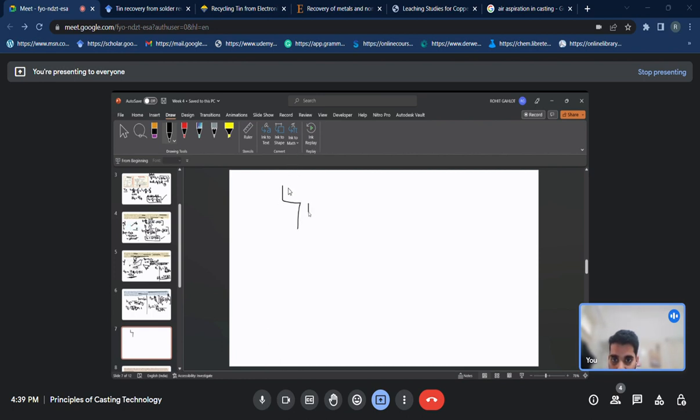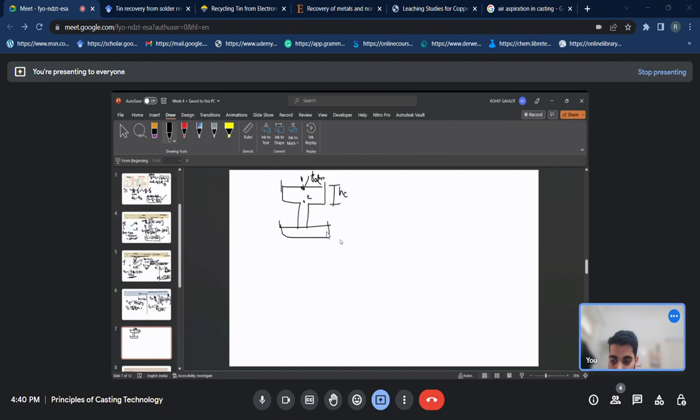So for example, if you see here, suppose you are using a straight sprue. Here the pressure is atmospheric pressure, and this height is hc. Here this is point 1, here this is point 2, and this is suppose your mold or cavity which needs to be filled.